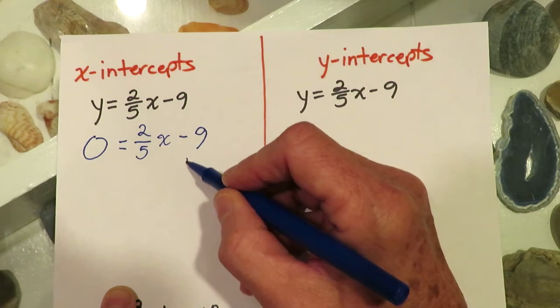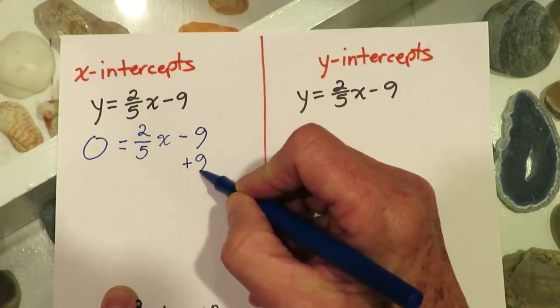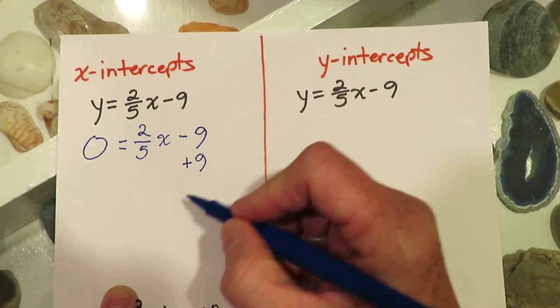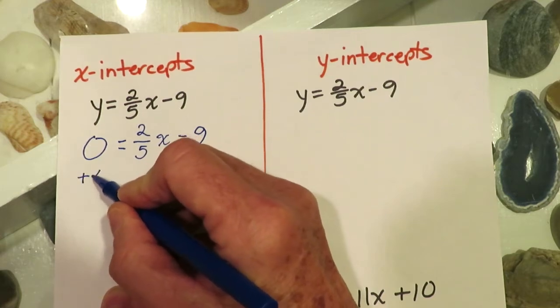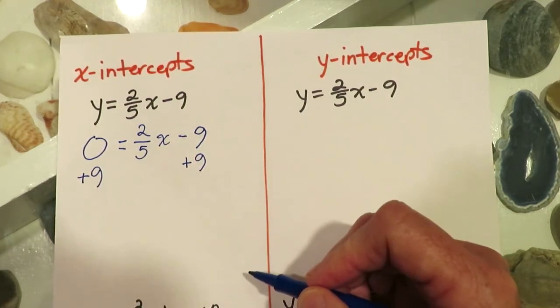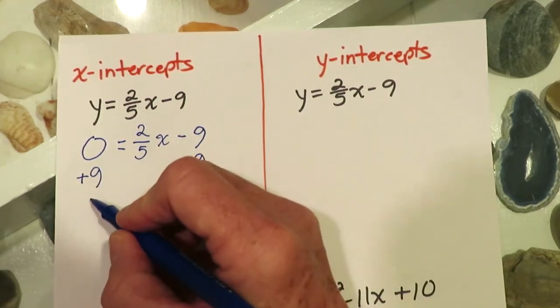I'm going to add 9 because adding 9 will cancel out the subtracting 9, and whatever you do to one side you need to do the same thing to the other side.